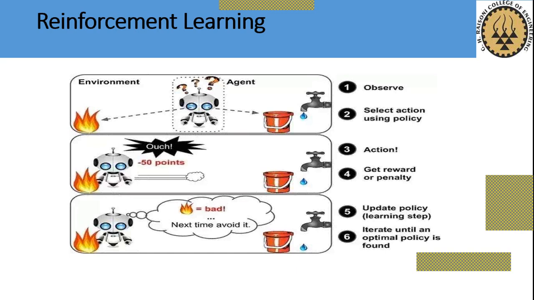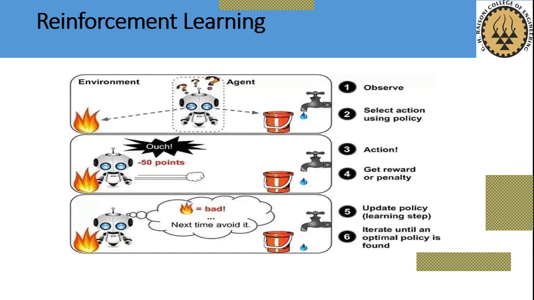So next time, he has to avoid it. So at the fifth stage, he has updated his policy and learned from the previous step. In the previous step, he learned that when he moved to the left hand side and there is a fire, he gets a penalty.